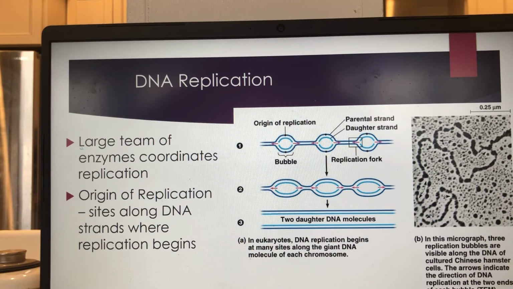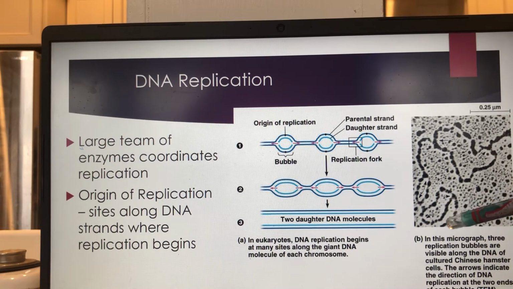DNA replication, one thing you're gonna see with DNA replication is think about how long one chromosome is. They're ridiculously long. So DNA replication doesn't start at the beginning of a chromosome and go all the way through. It actually happens in several areas of one chromosome. So here you see this little bubble.